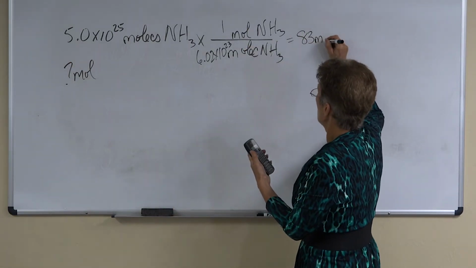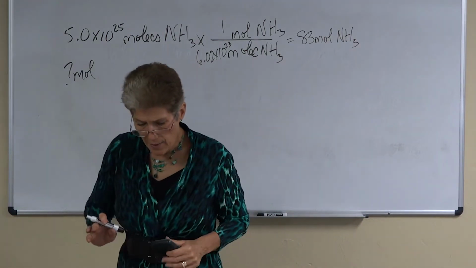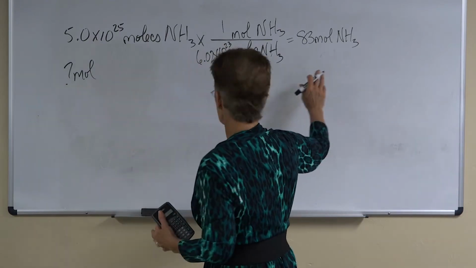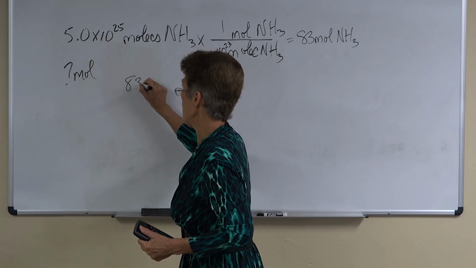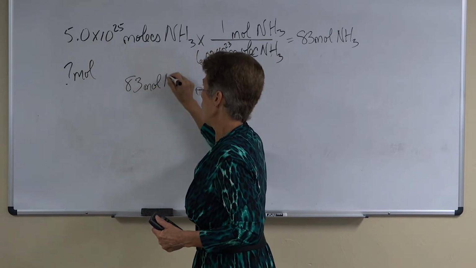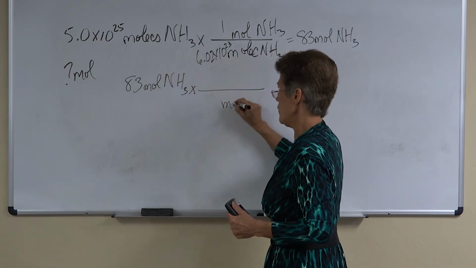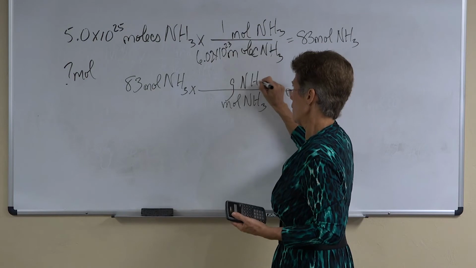83 moles of ammonia. And then the next thing he asks is, how many grams is that of ammonia? So we know we have 83 moles of ammonia, so we're going to take that 83 moles of ammonia, and we're going to go to grams. Take this, put it down here. Put grams up here.